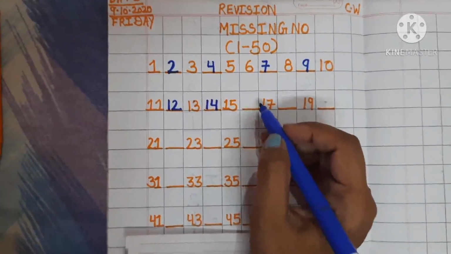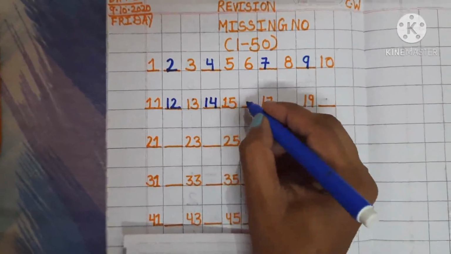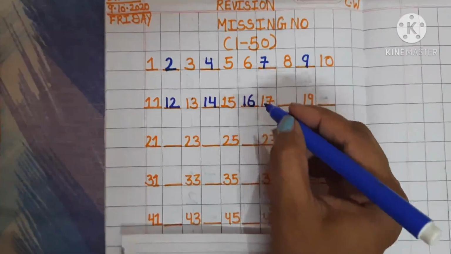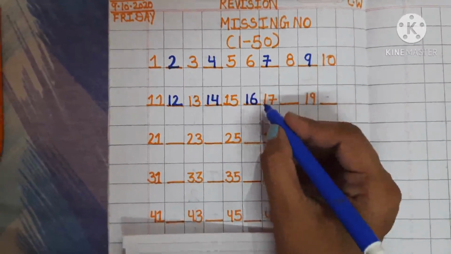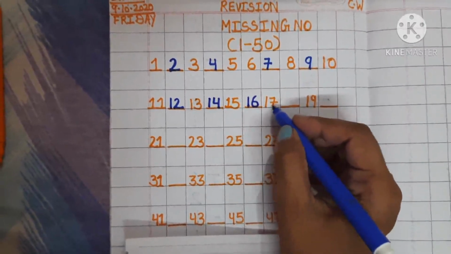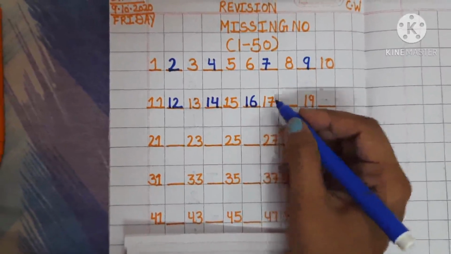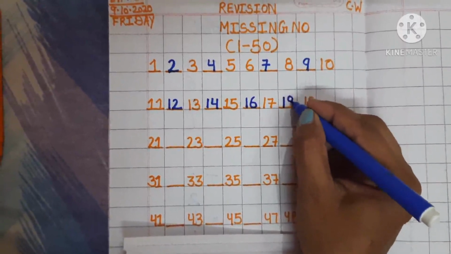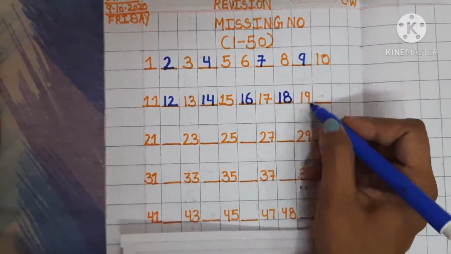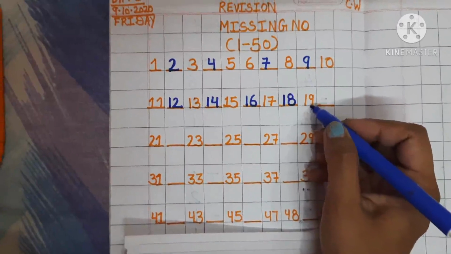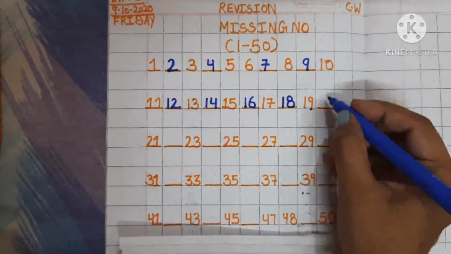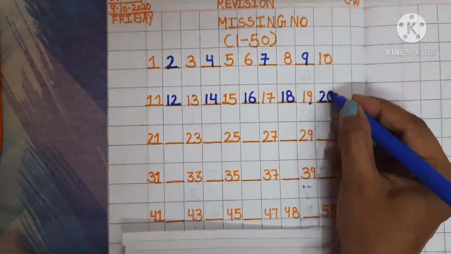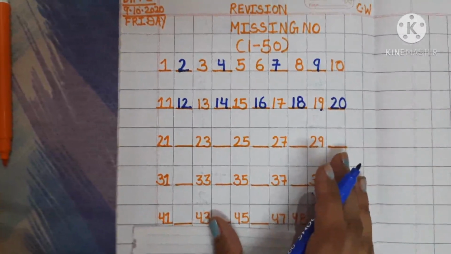After 15, which number is missing? 16. After 16, 17. 17 after which number is missing? 18. 18 after what will you write? 19. 19 after which number is missing? 20. Remember that you have to touch the bottom line also.